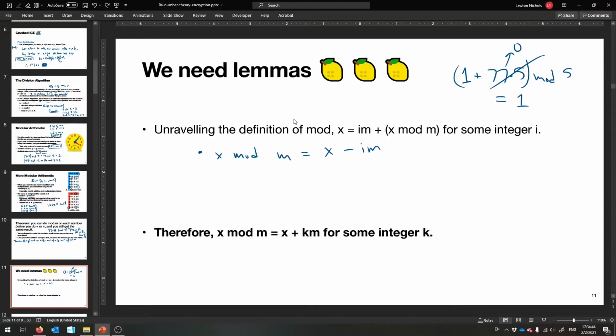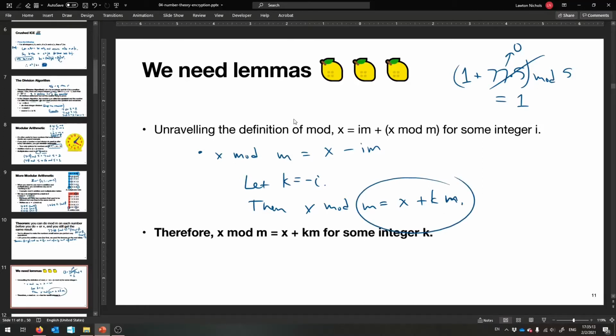Well, what is minus i but something negated? Let's say let k equals minus i. Then x mod m equals x plus km, because you can just replace k with negative i. Hey, I got what I wanted.